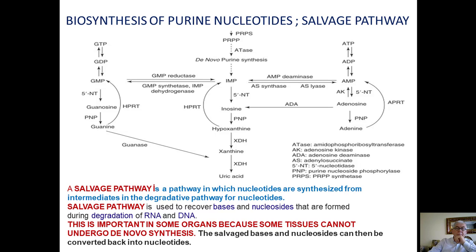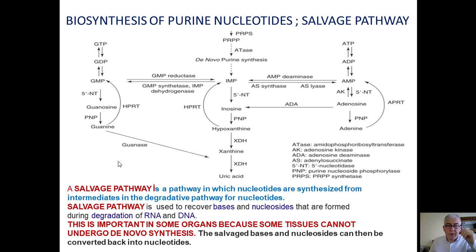Now look at another important synthetic pathway called the salvage pathway, and we have to go back again to the purine degradative pathway. You remember that GMP or IMP or AMP goes to uric acid. In these reactions, we produce hypoxanthine, guanine, and adenine bases. Hypoxanthine and guanine can be used by a very unique enzyme named hypoxanthine guanine phosphoribosyl transferase.